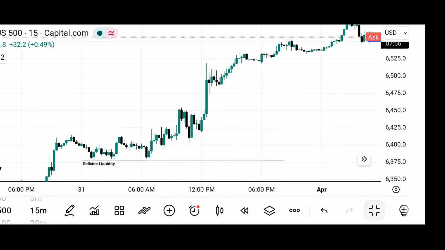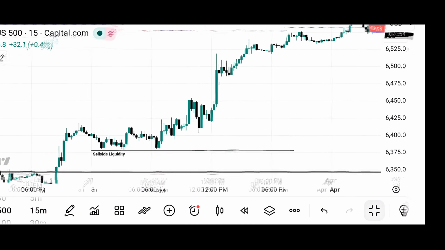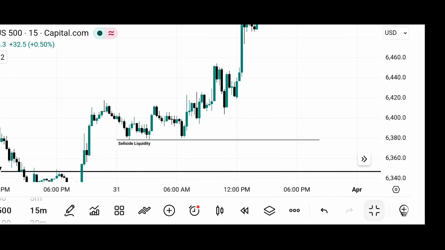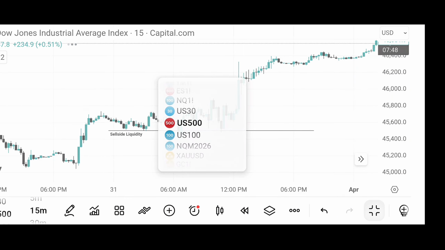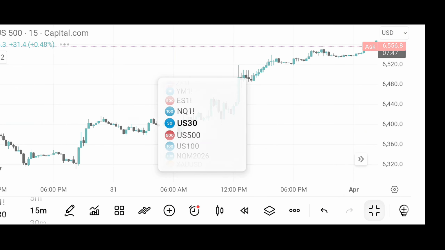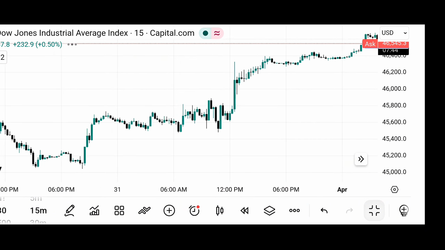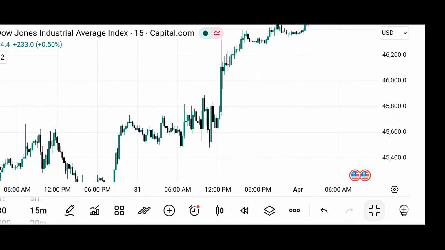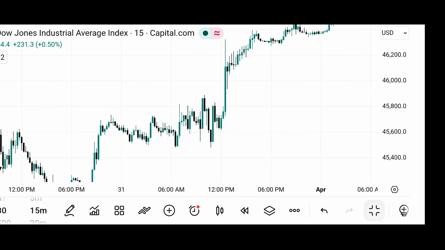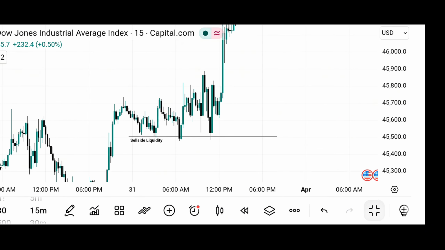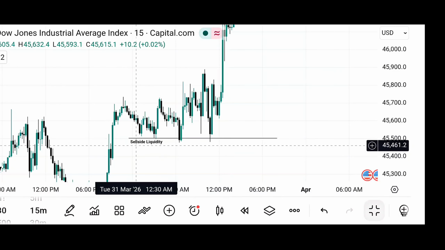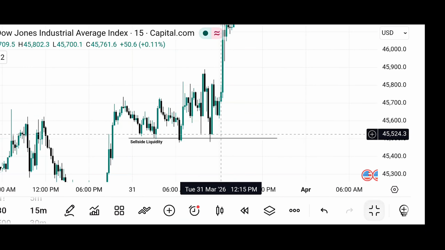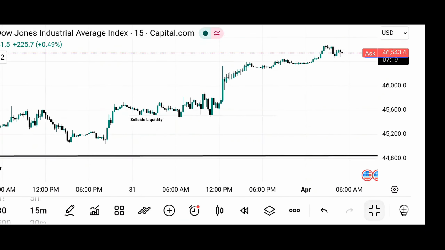You can see the rally up, it's a very long rally up. But on the Dow Jones, this is the CFD for Dow Jones US 30. On the Dow Jones, we can see price trades below this sell side liquidity, even twice before the rally up.